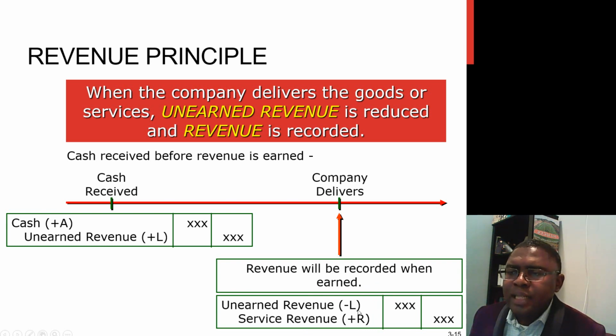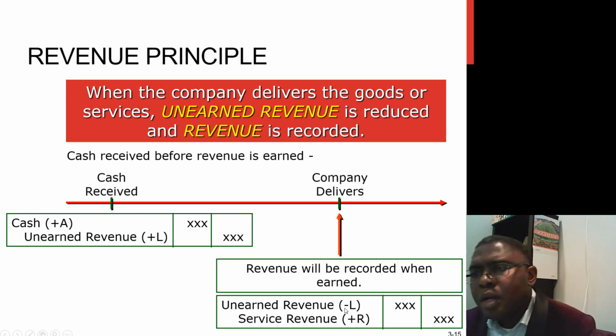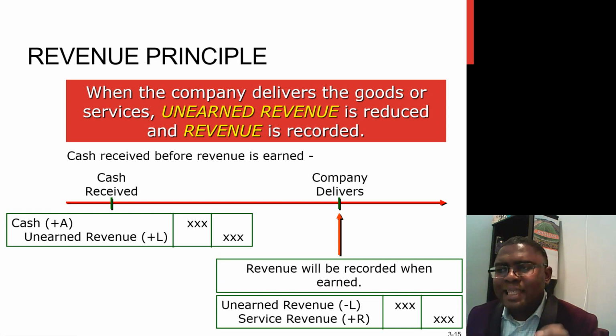Unearned revenue, that is a liability, is reducing, because now the company has delivered the goods or service. When a liability is reducing, it takes a debit balance, and then we have service revenue. Service revenue is going to increase.